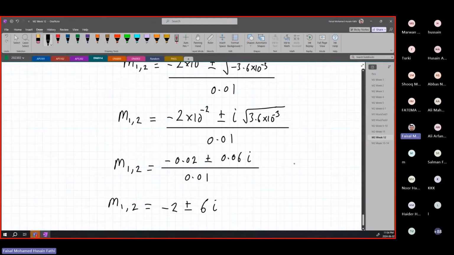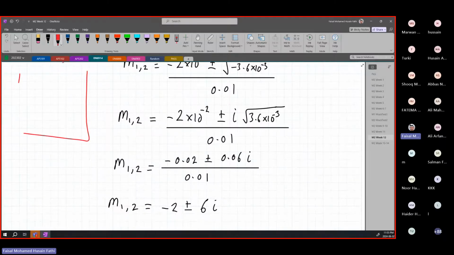Okay. If you want to use complex in the calculator, if you have the same calculator I have, you're going to hit mode. I'm going to put this as a note here. You're going to do mode 2. Then you will notice at the top of your calculator, it's going to say CMPLX. You can put this value directly, the square root of minus 3.6 times 10 to the power minus 3, and it will give you the value as 3 over 50 i.